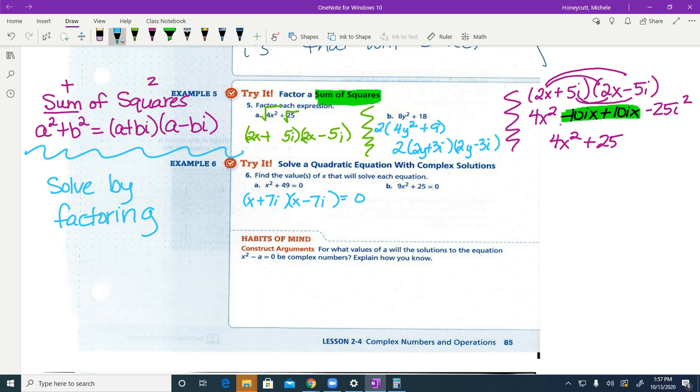To solve, either this first parentheses equals 0, the second parentheses equals 0, or both. So when we solve, we always act like both equal 0. So we'll say x plus 7i equals 0. Subtract the 7i on both sides, we get x equals negative 7i. For the second one, x minus 7i equals 0. x equals positive 7i. Done.